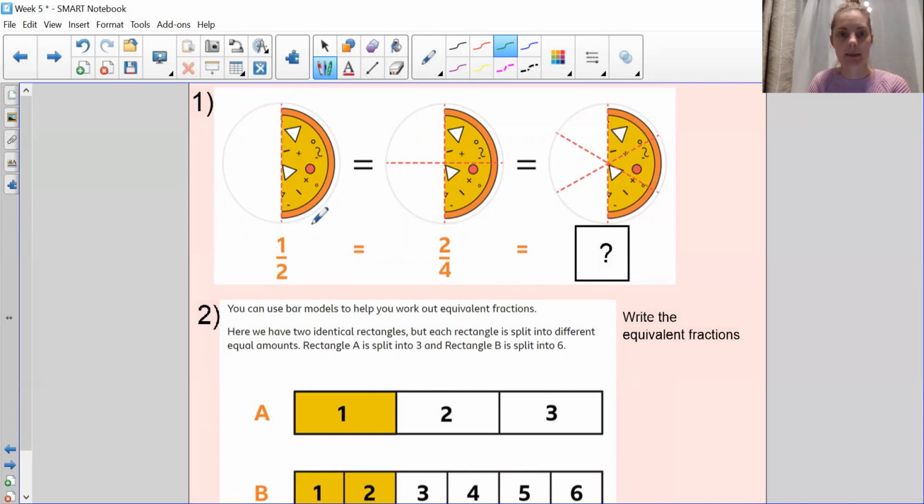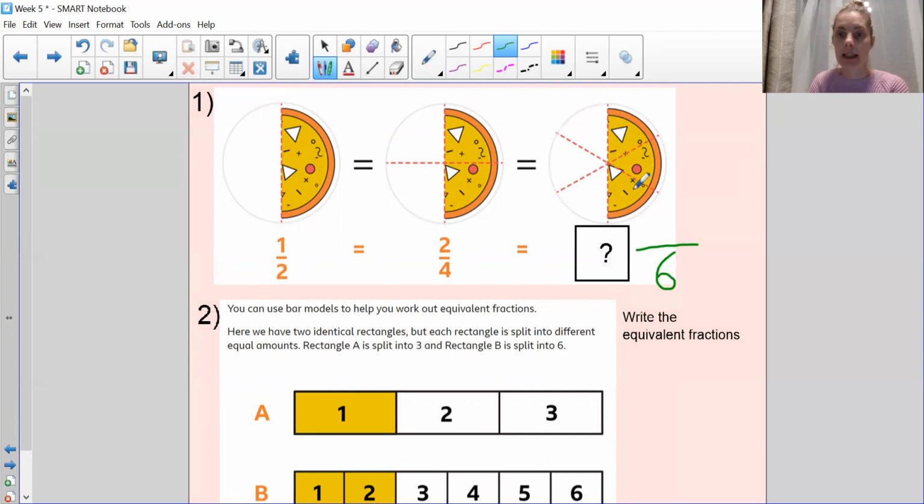Right, so let's do this first one together for those of you who just need a little bit of extra practice. So I've got a half, which is also equal to 2/4, and I'm wanting to work out what is the equivalent fraction to those. Okay, so first of all, I've got to decide what is my bottom number going to be here. And my bottom number, if you have a look, has got 6. I've got 6 parts that it's been cut into.